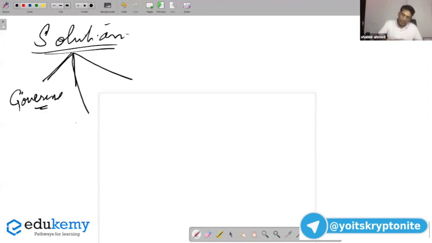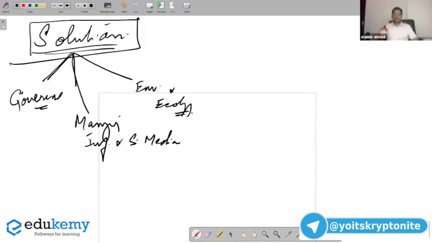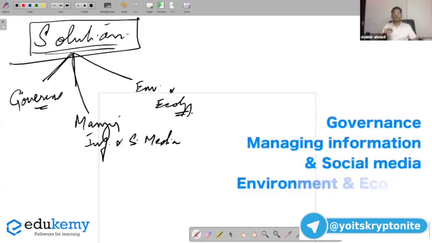Second है managing information and social media. And third is issues related to environment and ecology. Any problem of the world. These are the 3 elements which are part of almost all solutions.